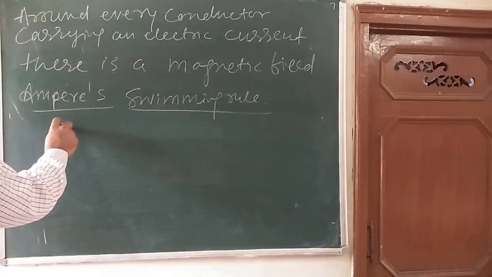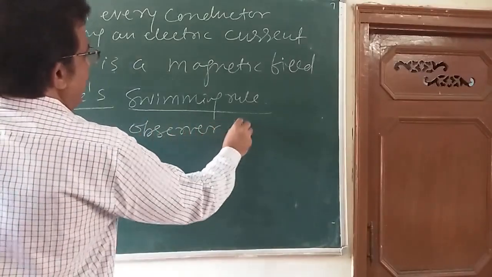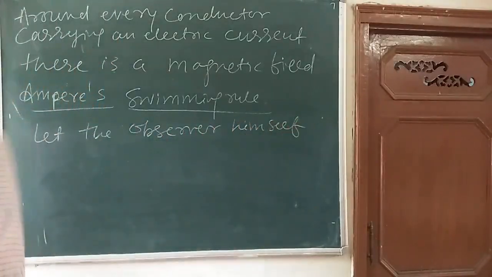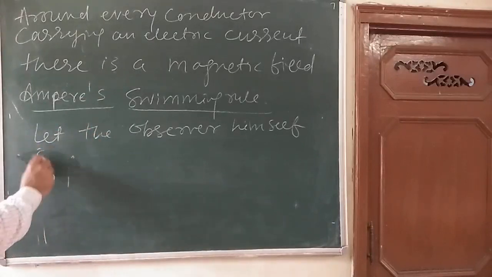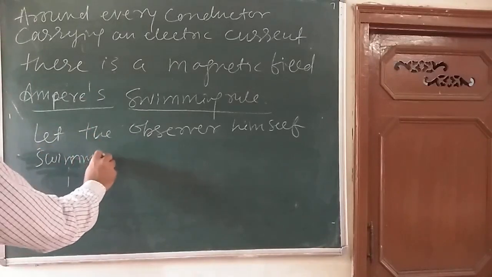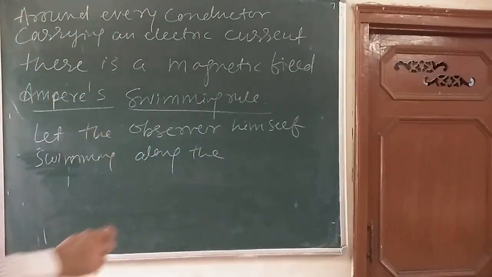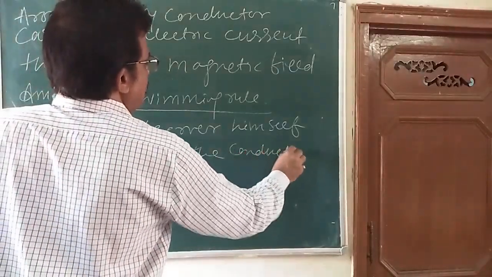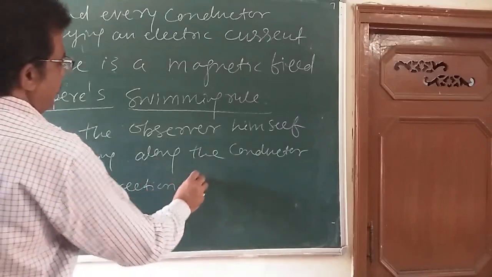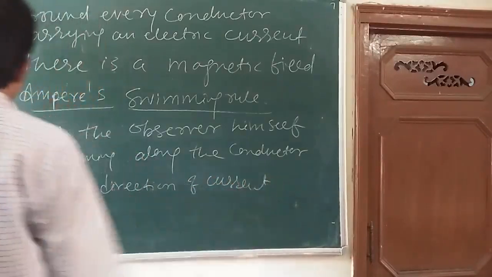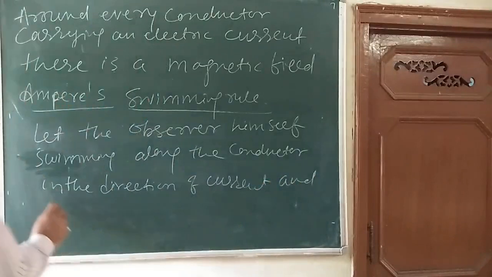Let the observer imagine himself swimming along the conductor in the direction of current, and facing the magnetic needle.